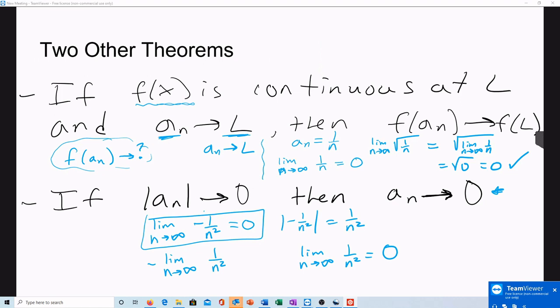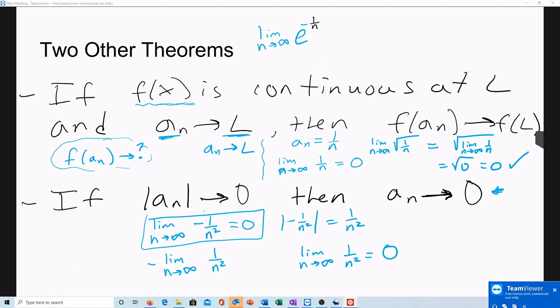So another way to think about this is, we did examples earlier where we had things like e to the negative n squared. Or we could do even something like e to the negative 1 over n. Okay, so if I wanted to know this limit, this kind of looks like a doozy, right?